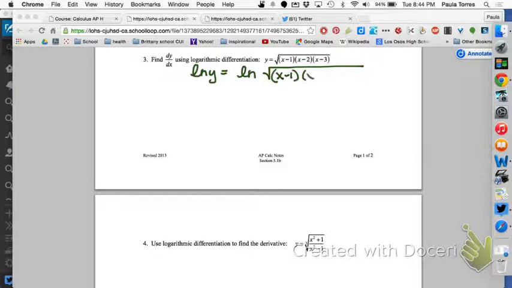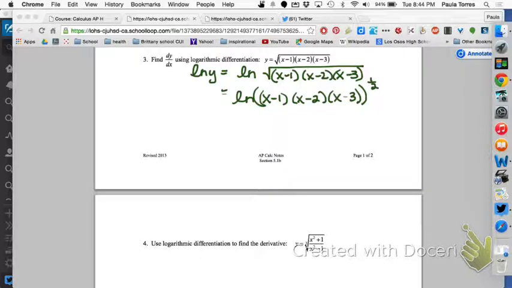And then the minute I do that, I say, wait a second, I could write that as all of this stuff to the 1/2 power. And the minute I do that, since the power is only on the stuff, I'm allowed to bring that down in front.